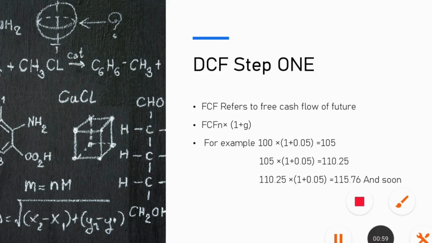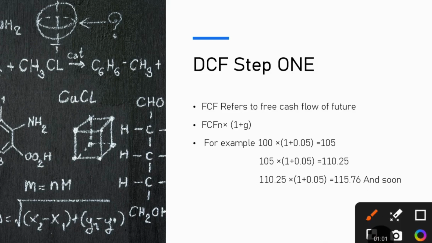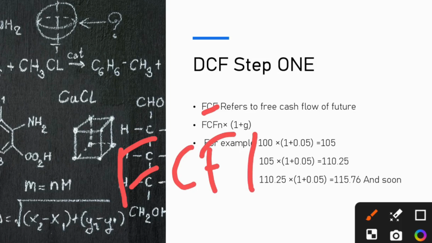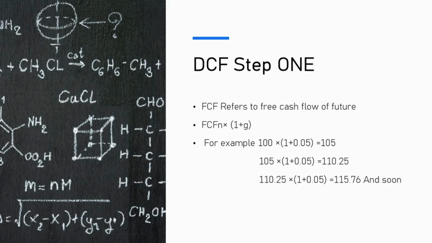Here FCFF is there, which means the free cash flow of future. So free cash flow of future means what the company's cash flow is going to be in the future.